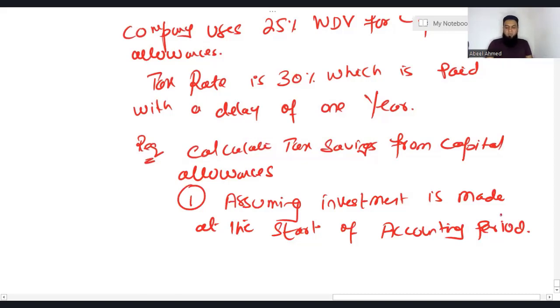In financial management, I would say 99% of the questions will be set when the investment is made at the start of accounting period.